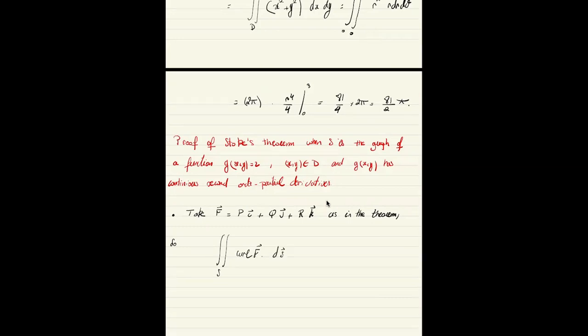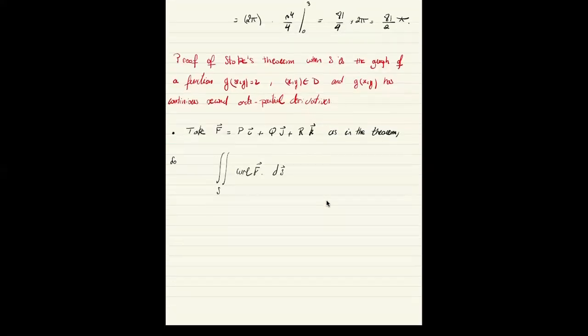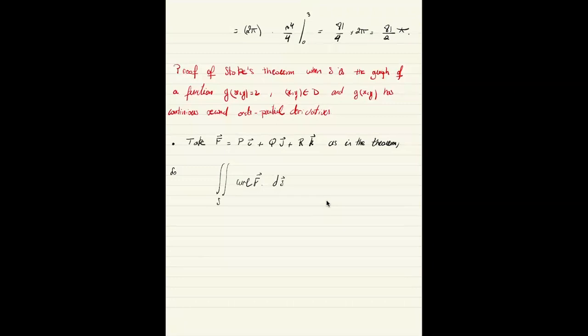I'm going to do it a bit quickly, but what you do is compute the curl of F. And then the parameterization of S will be given by x, y, and g(x, y).